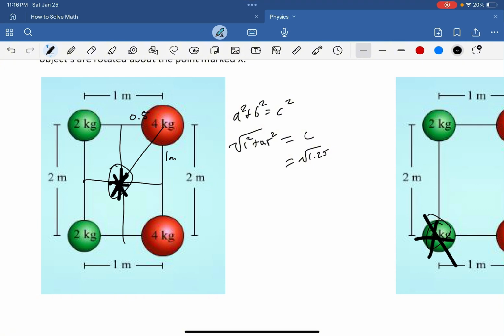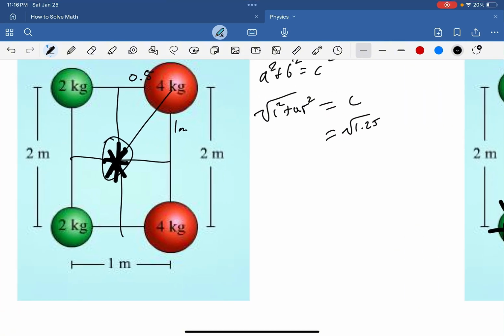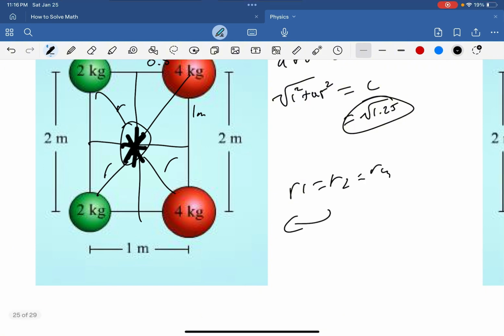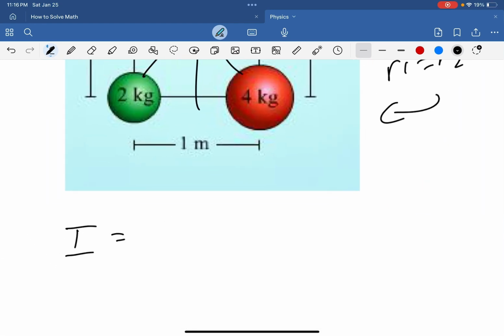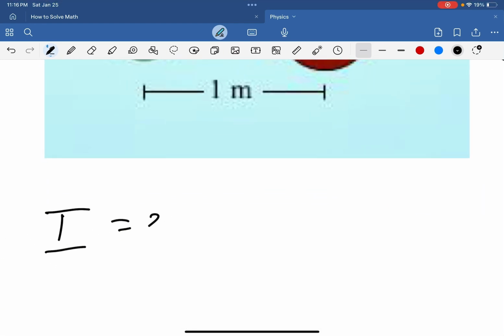Anyways, knowing this, this radius is going to apply on every single one. So r1 is equal to r2, which is equal to r3, just for this one. Then I is equal to, and we can just pick any one, let's say 2 is m1. So 2 times the square root of 1.25 squared, which is just 1.25.